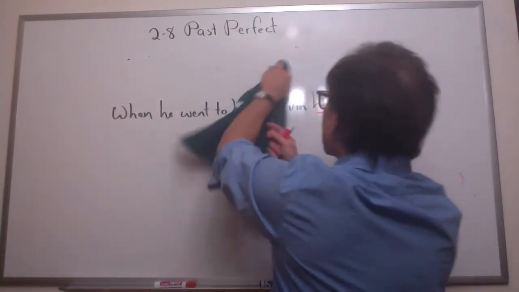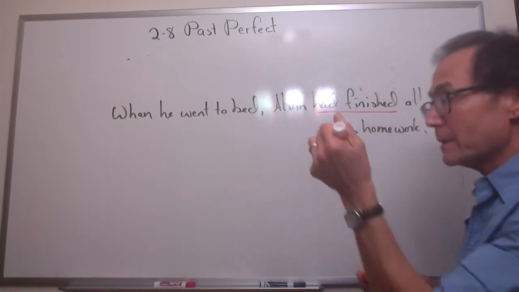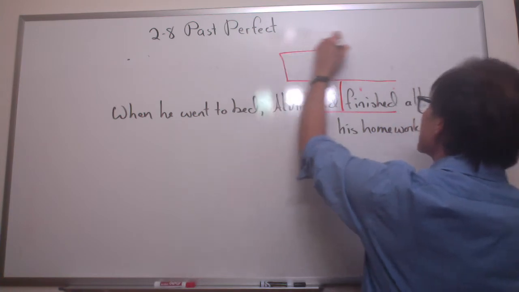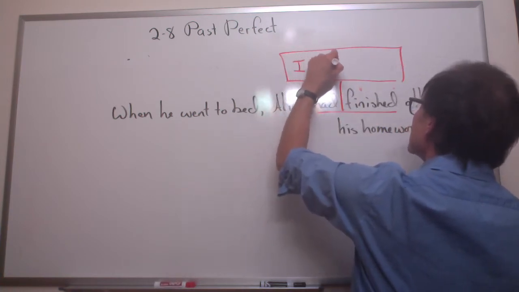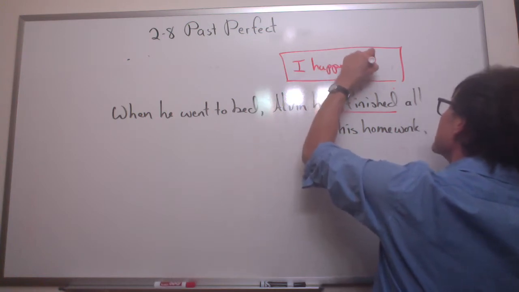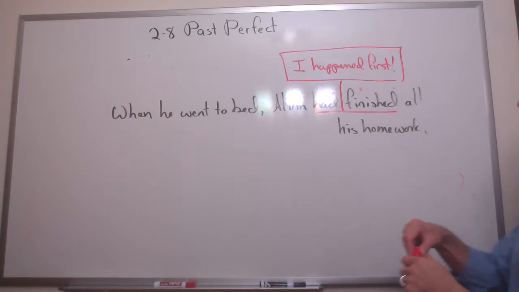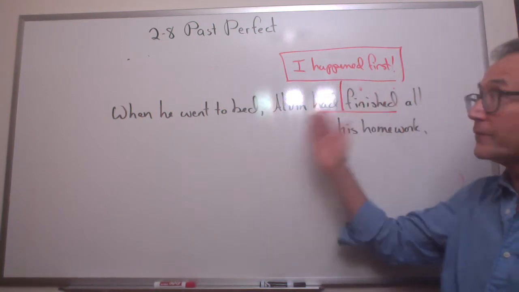You can think of past perfect as like a sign that is on the verb. And the sign says, I happened first. Okay? So whenever you see a verb in past perfect, it means I happened first.